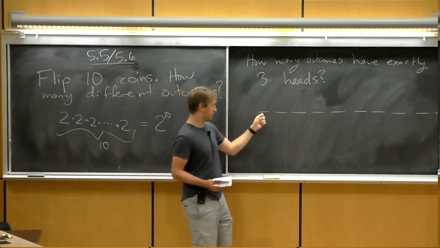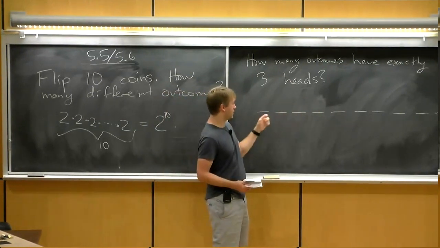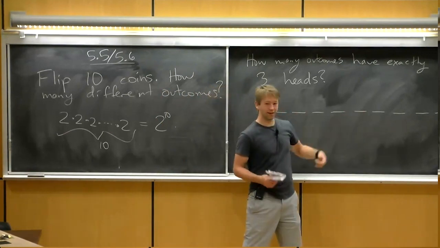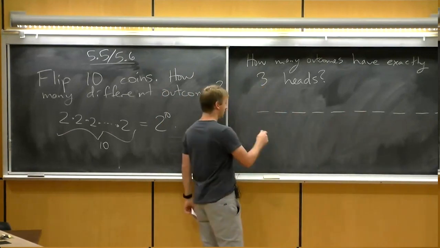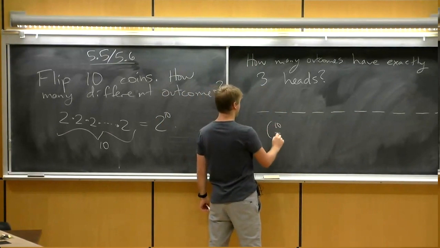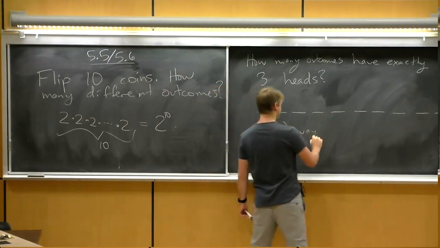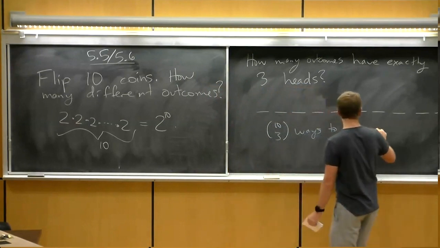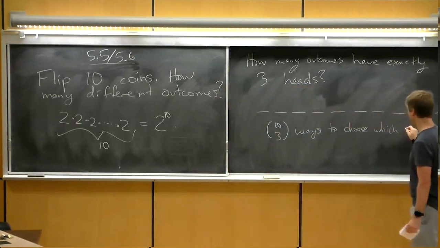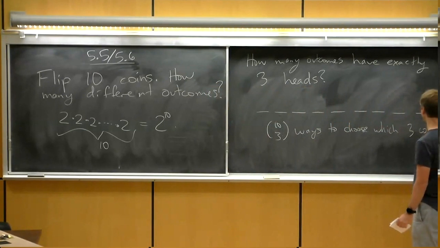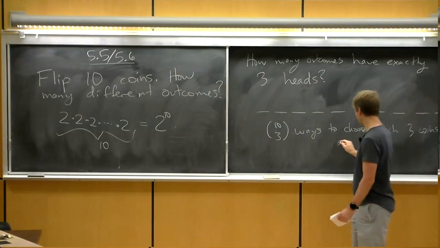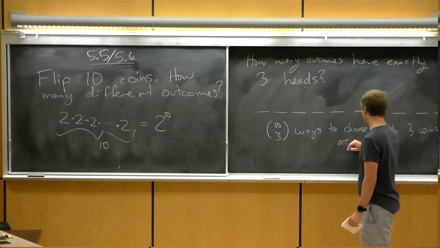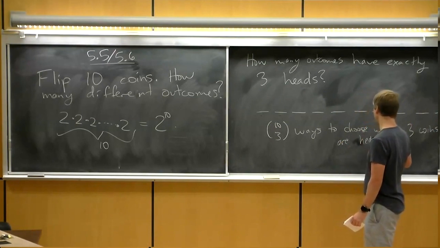Right, so it could be the first 3 are heads, but it could be the first 2 and this one is a head. It could be anything, right? So, but there's 10 choose 3 ways to choose which 3 coins are heads.